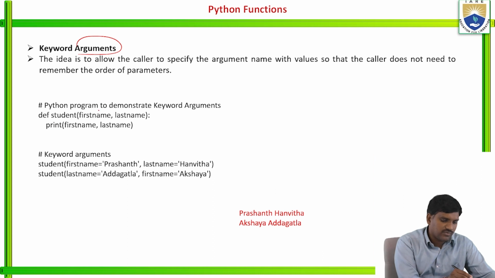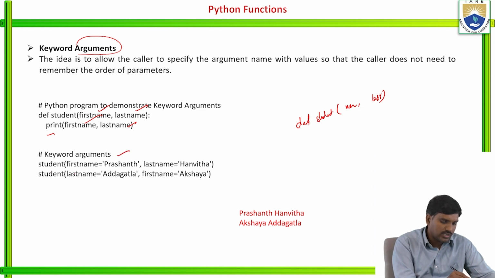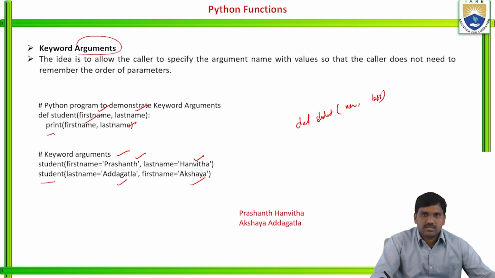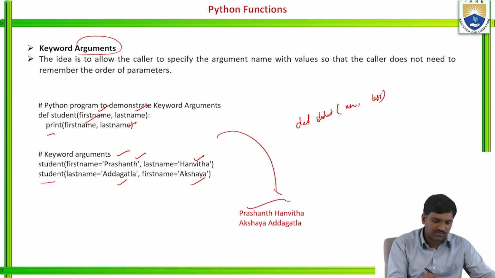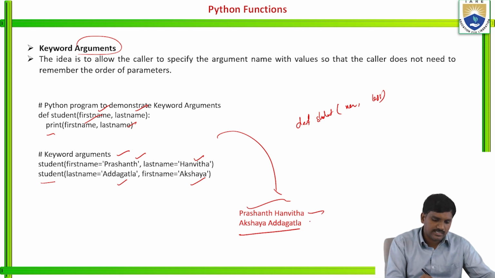So here, the definition: def student(firstname, lastname), which prints the first name and last name. A student has a first name and a last name. With keyword arguments, we call student(firstname='Prashanth', lastname='Hanvita'), and student(lastname='Addatla', firstname='Akshaya'). So the output will be Prashanth Hanvita and Akshaya Addatla.